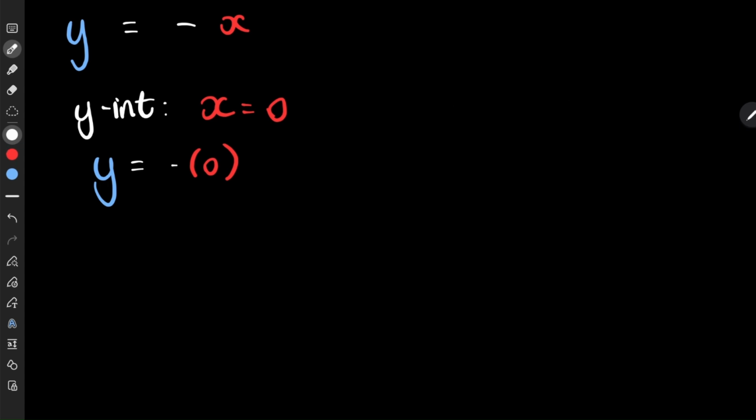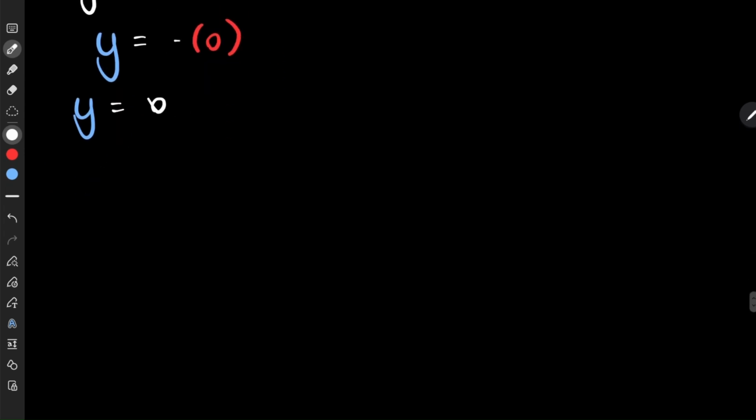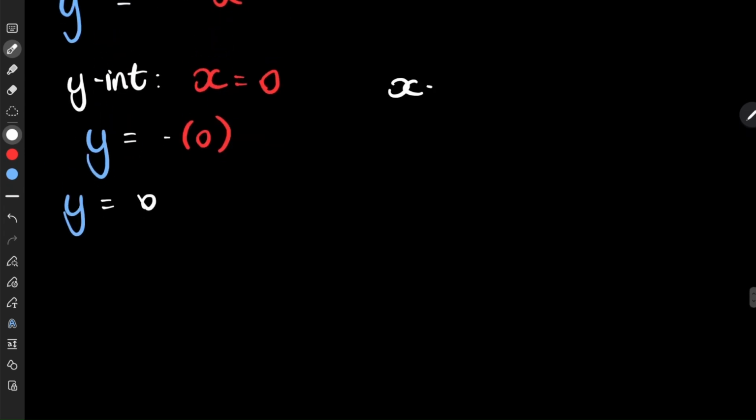But anyway, what we see here is that we make x equal to 0, y is equal to negative 0, but negative 0 is just 0, so we end up with y is equal to 0. And then for the x-intercept, let's do this to save space. For the x-intercept, remember, we make the opposite one equal to 0.